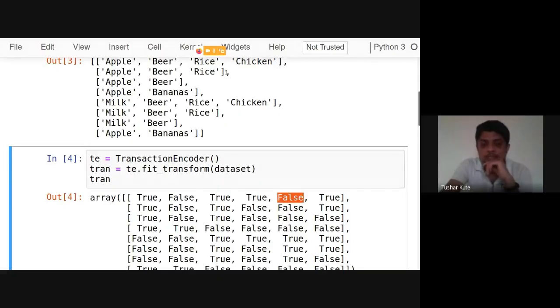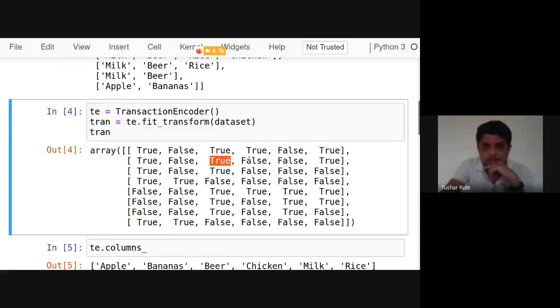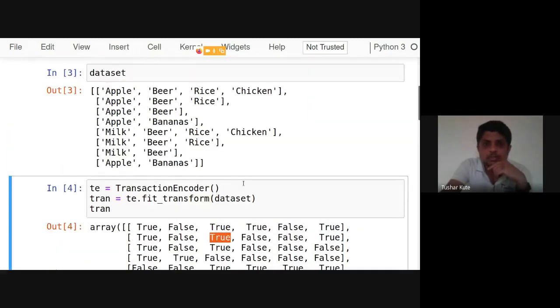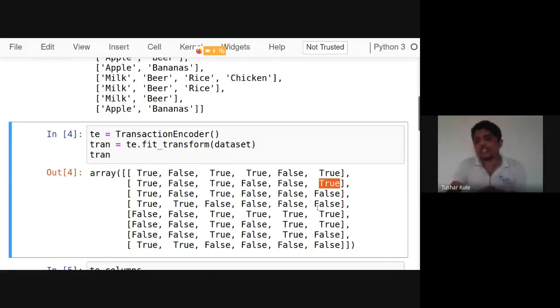Now check the next one: apple present, bananas not present, beer present, chicken not present, milk not present, rice present. Whichever is present shows true, and whichever is not present shows false.